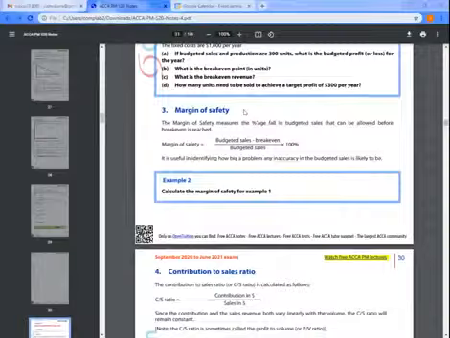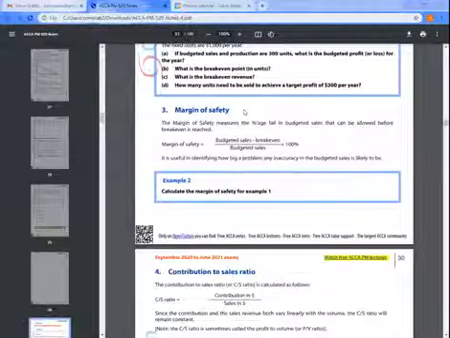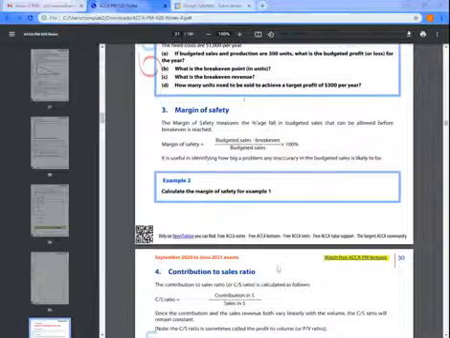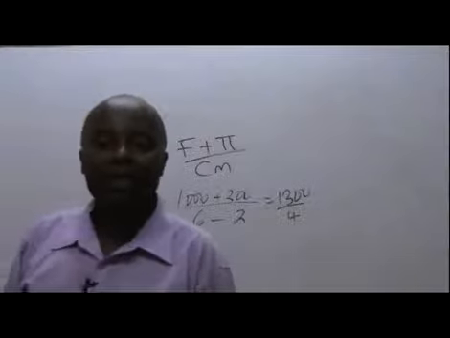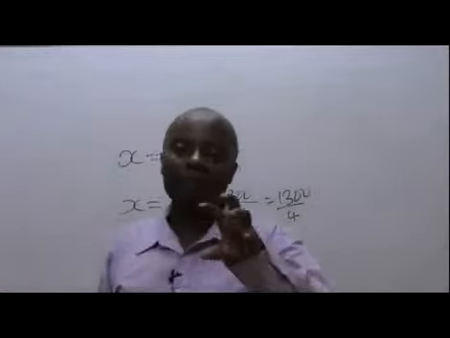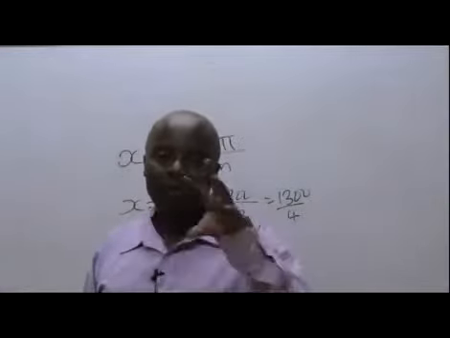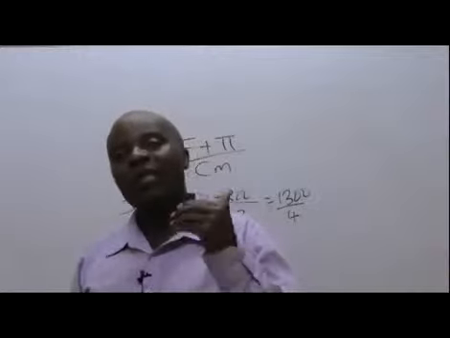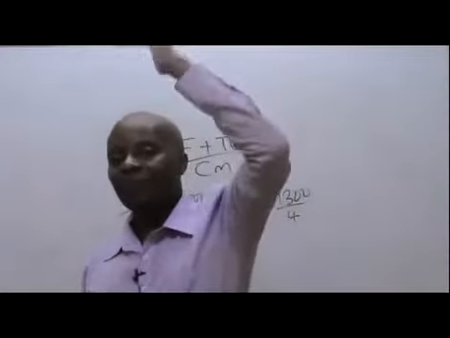Now see margin of safety. What are they telling us about margin of safety? They're telling us that the margin of safety measures the percentage fall in budgeted sales that can be allowed before break-even is reached. I like that definition. Margin of safety, what we call MOS, represents, of course, for you to be safe, you must be in a profit zone.